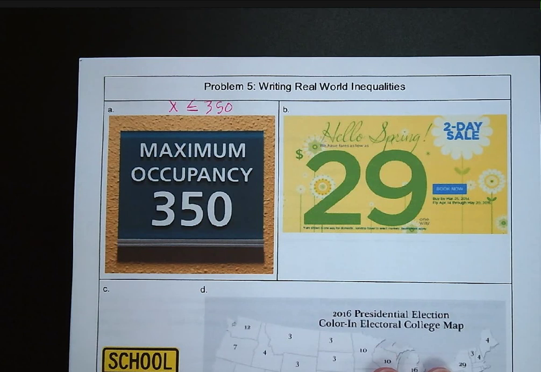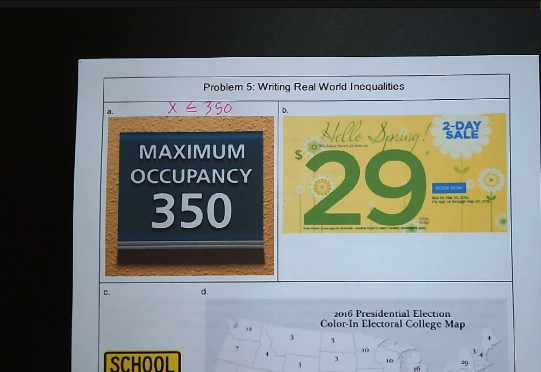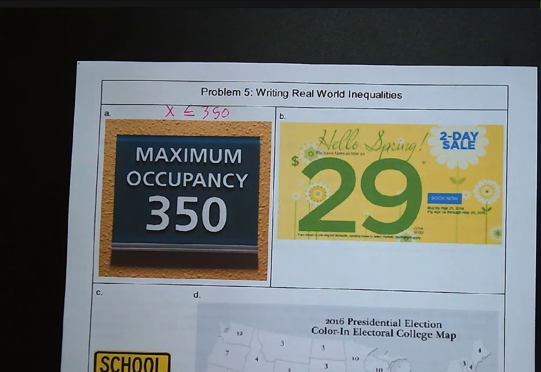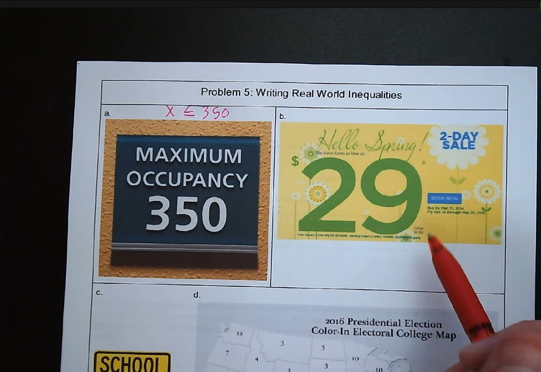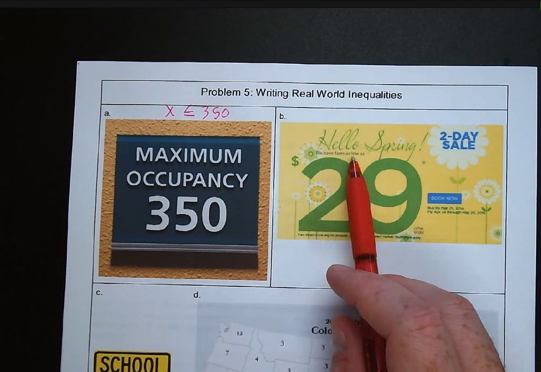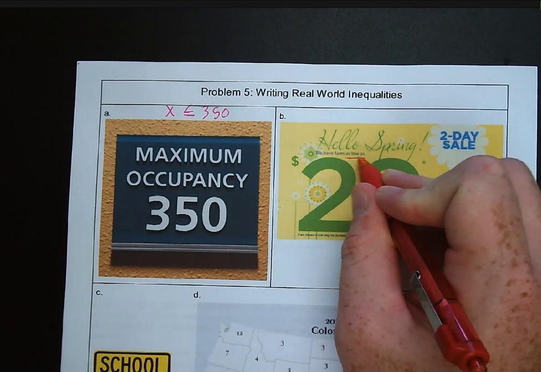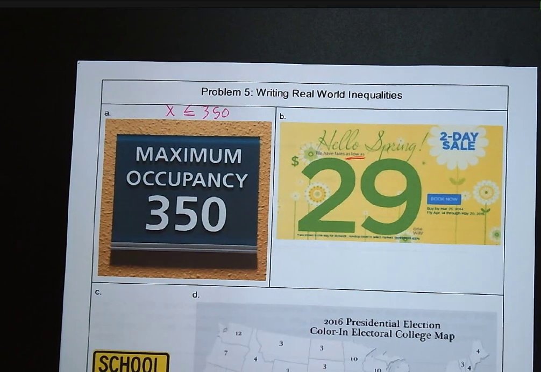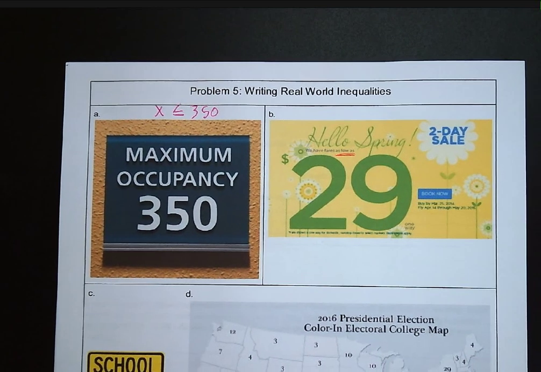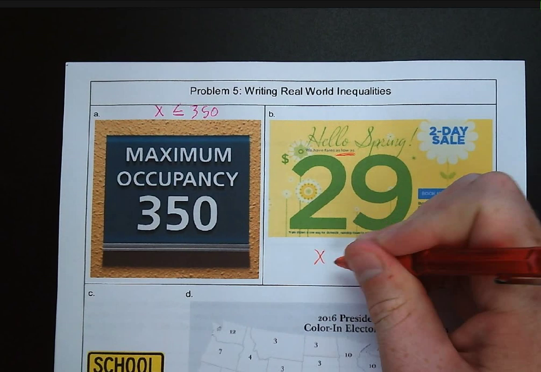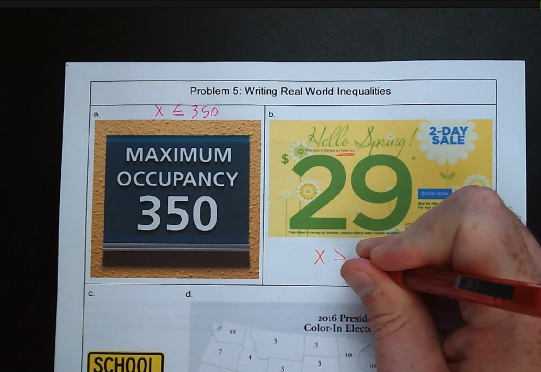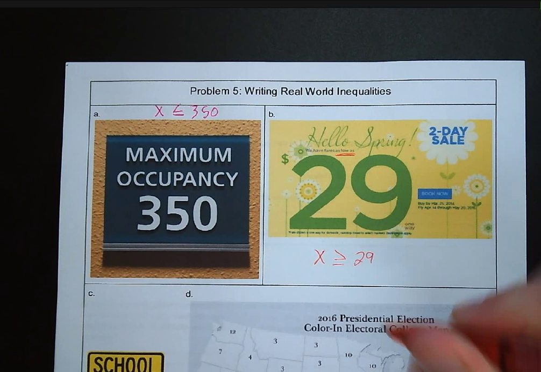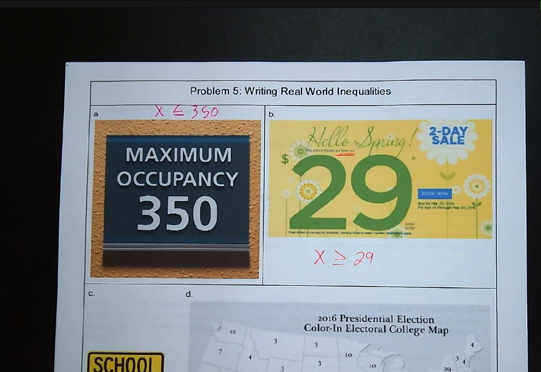Letter B, we have an advertisement from maybe Spirit. And it's asking us, we have a spring sale, and we have fares as low as, right there, $29 one way. So how would we write an inequality for that? We have x is going to be greater than or equal to 29. Because you need to spend $29 or more on your ticket.